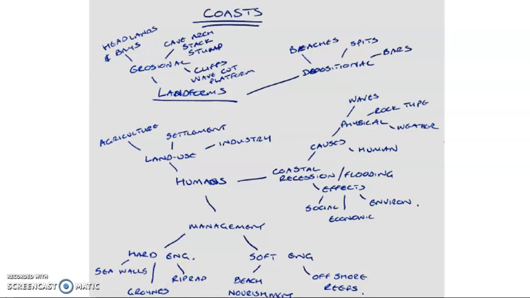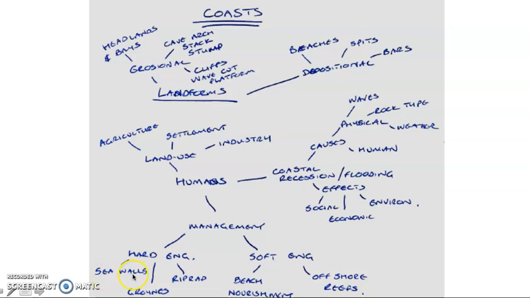There may be groins, which are built out to sea and stop the process of longshore drift, allowing bigger beaches to form up behind them, absorbing more wave energy. And then we have riprap, large rocks which are placed at the base of a cliff or the base of a seawall. Because of the gaps between them, as the water comes in, these absorb the wave energy, meaning there's less energy for erosion.